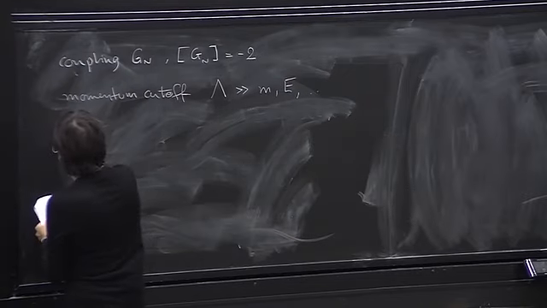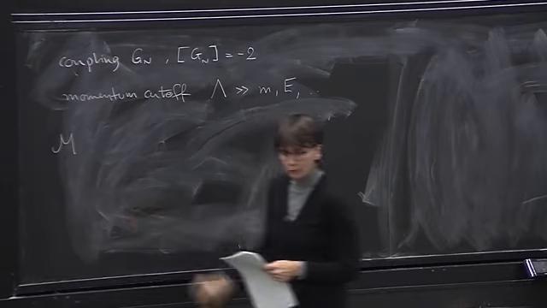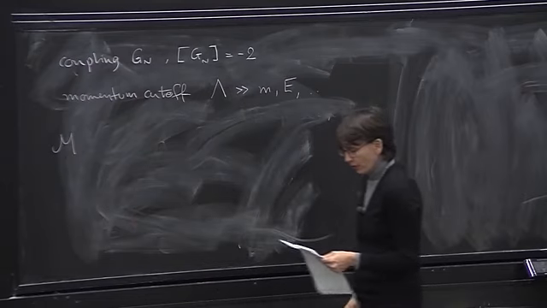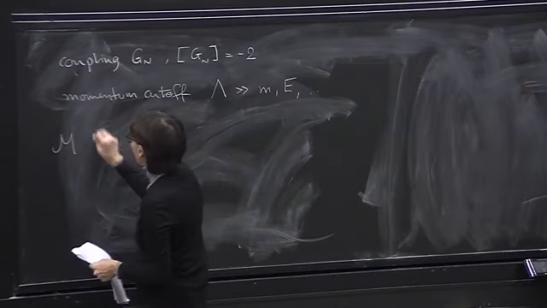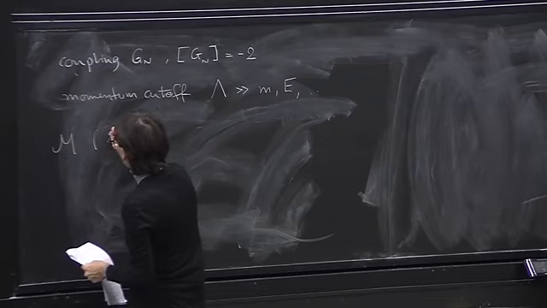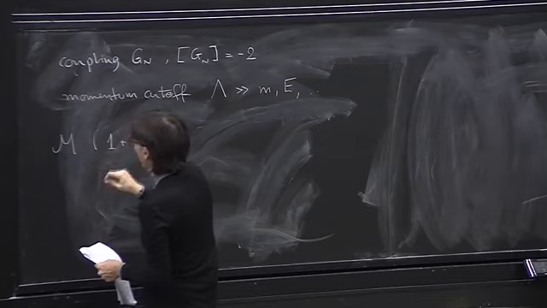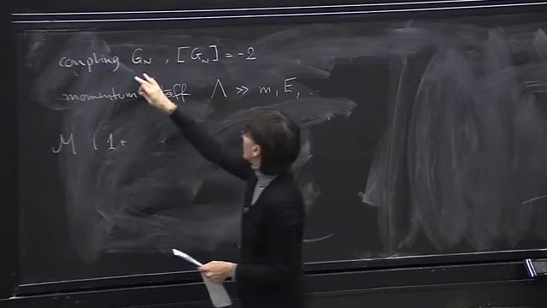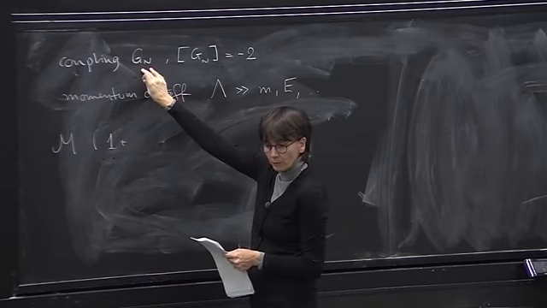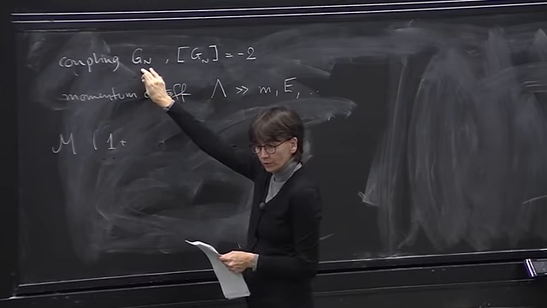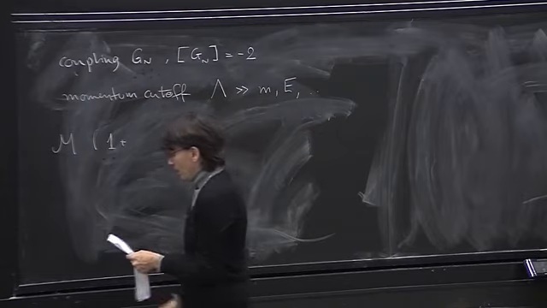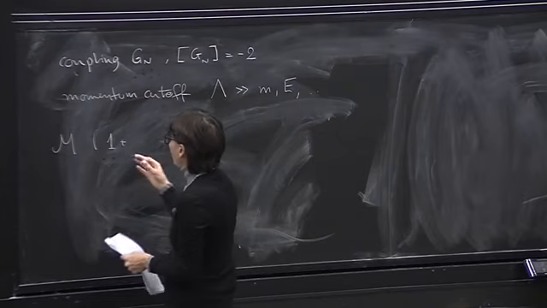Now, imagine I'm computing some amplitude, curly M. I get a zeroth order term, and now I'm interested in a power expansion in the coupling constant Gn. Now, how will this start out?